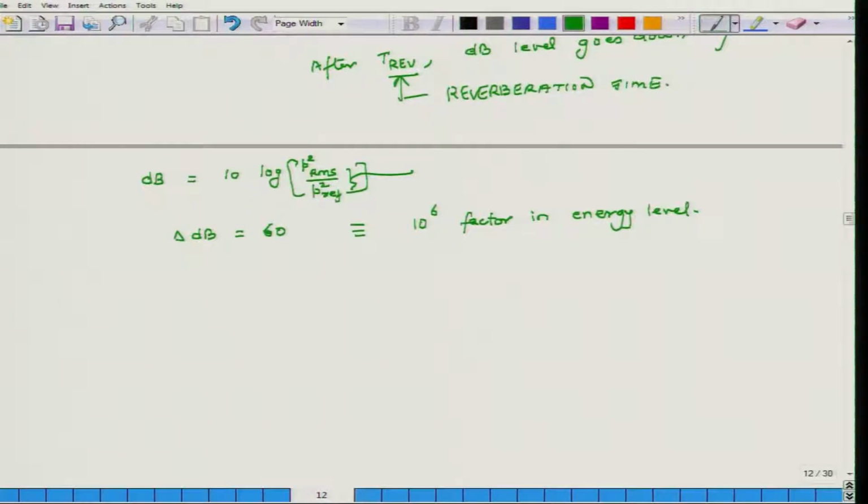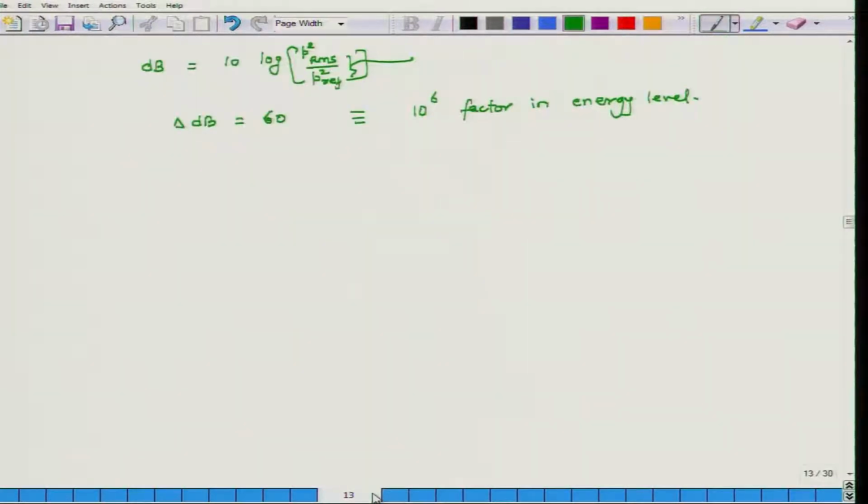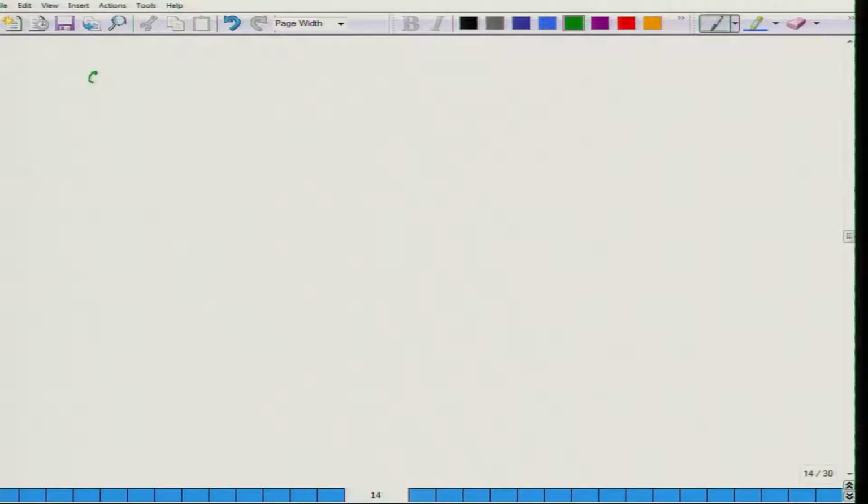So, the next thing is, how do we calculate reverberation time? Calculating reverberation time. Okay. For this we use a particular formula.